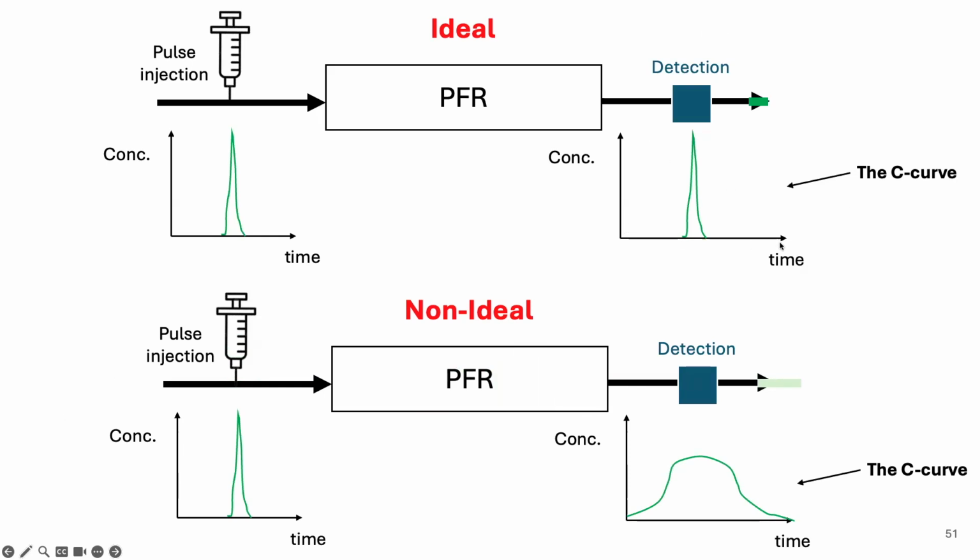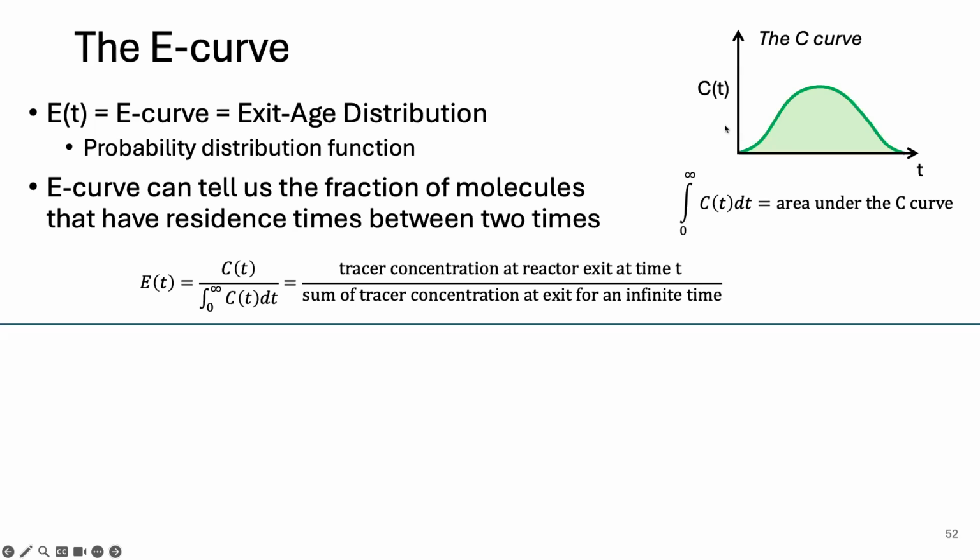The concentration versus time plot that we get back from our RTD analysis, we refer to as the C curve. Using the results from the C curve, we can then calculate the E curve. This is our exit E for exit age distribution, also referred to as a probability distribution function.